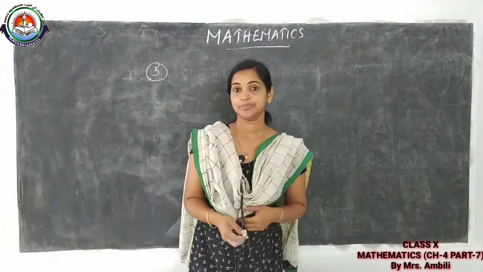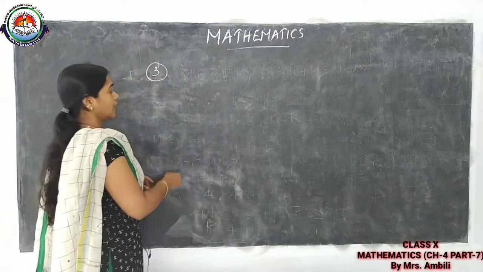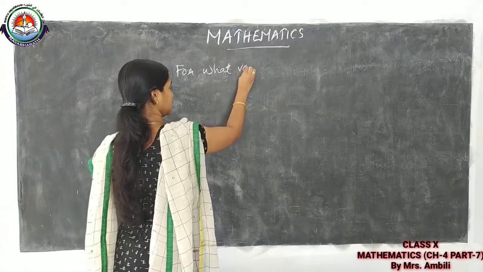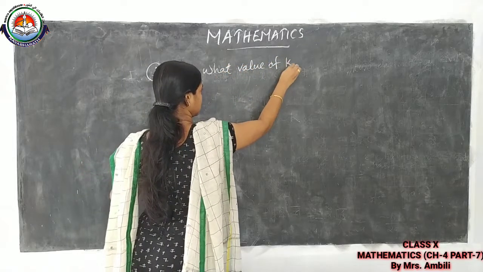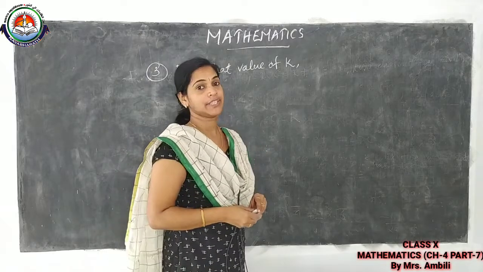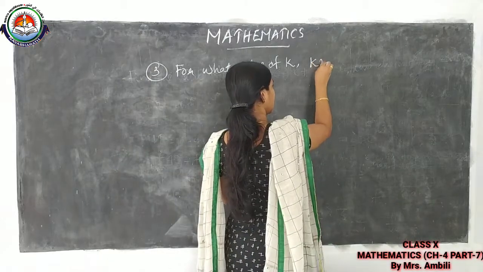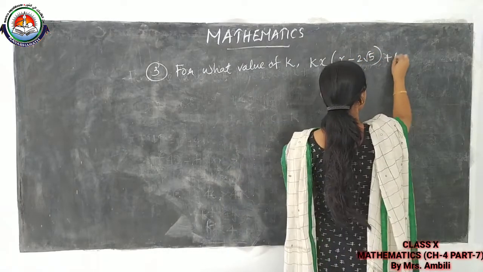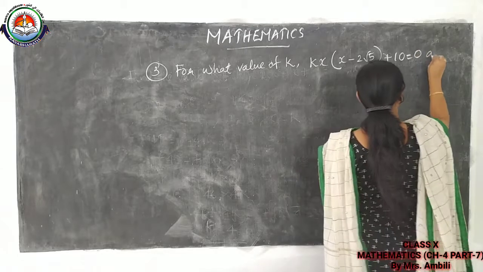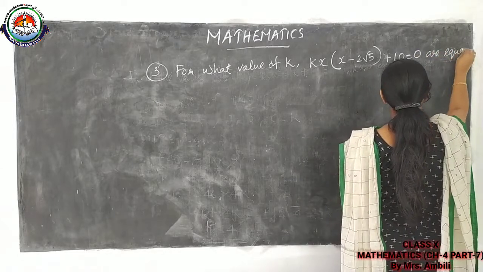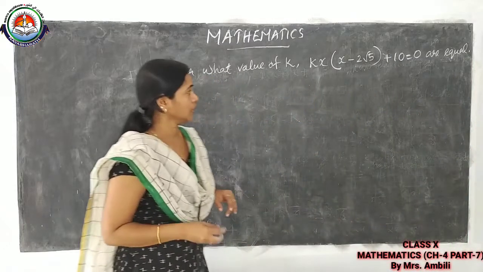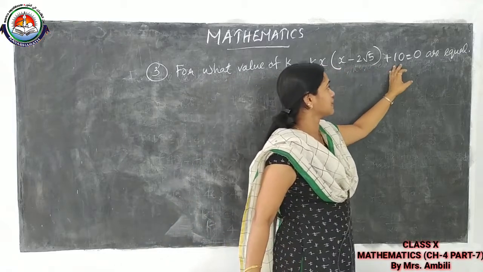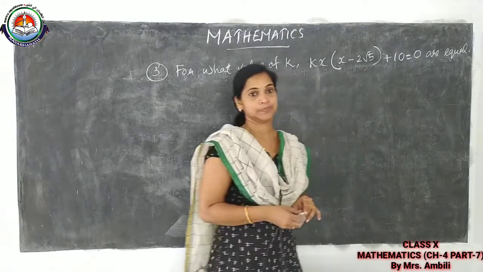So, the third question. For what value of k are the roots of the given quadratic equation kx into x minus 2 root 5 plus 10 equal to 0 equal?